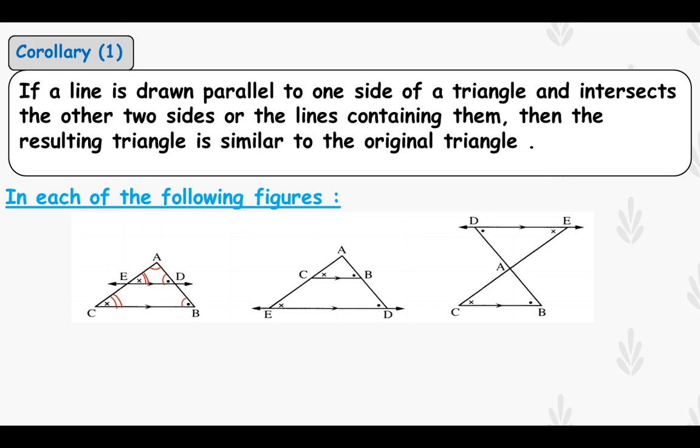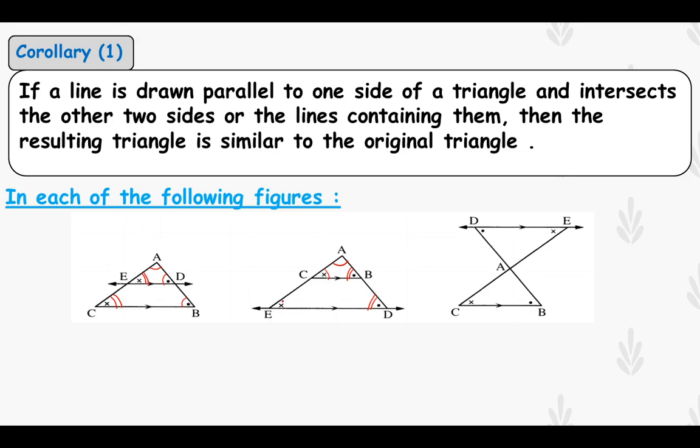Again, here you can see that BC is parallel to ED. So whenever you see two parallel sides, BC parallel to ED, you can write directly that triangle ACB is similar to triangle AED, because angle A again is a common angle. Measure of angle B equals measure of angle D, two corresponding angles.